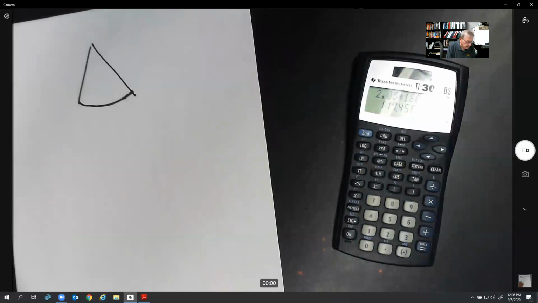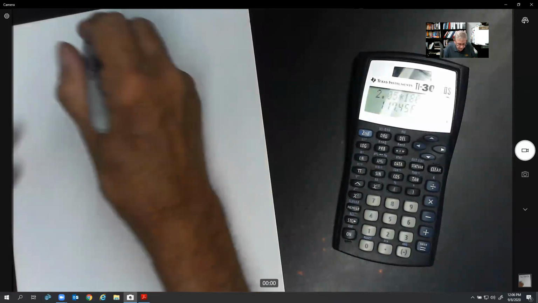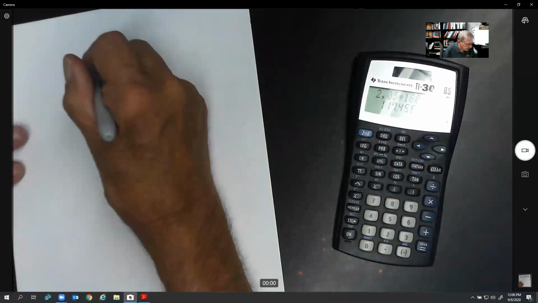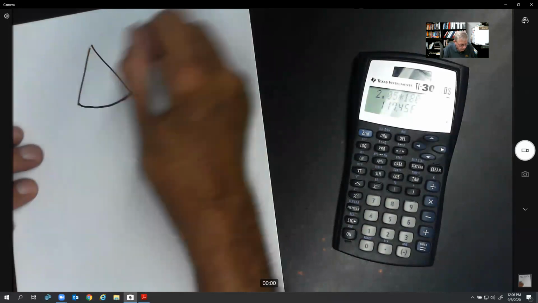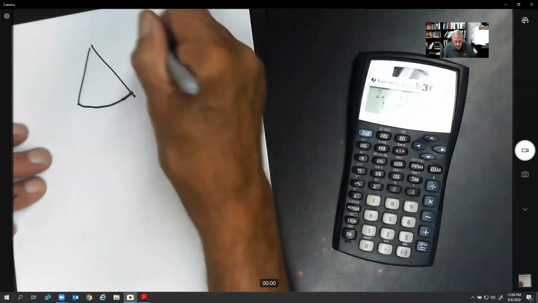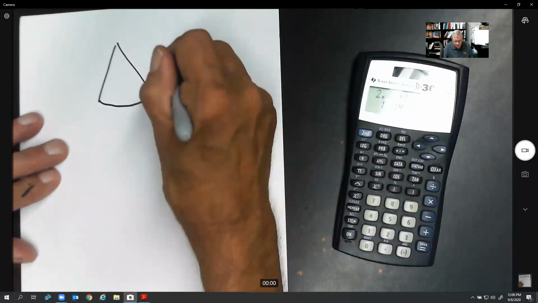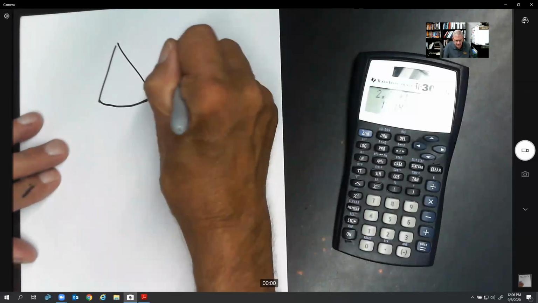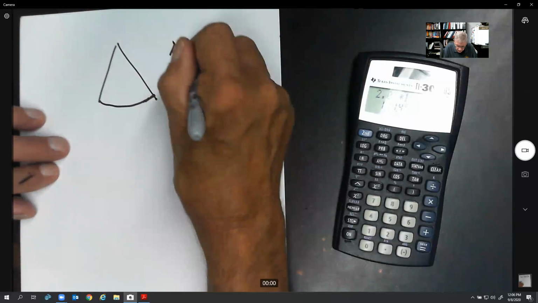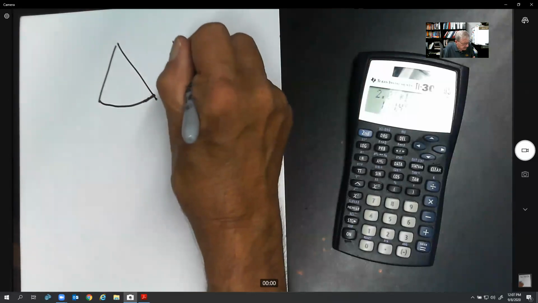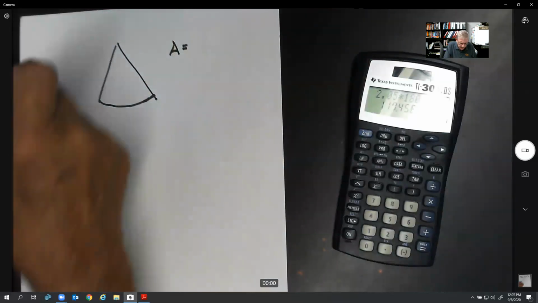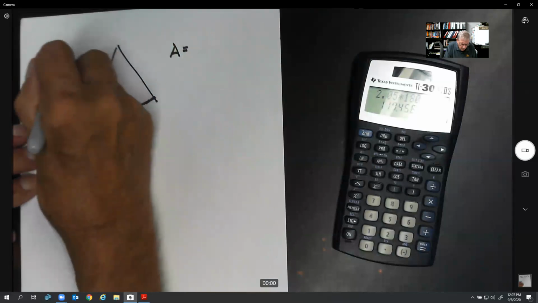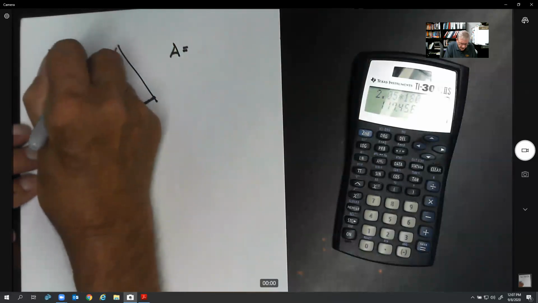So what is the formula, first of all? They use a fancy little gizmo for area. You can just put A equals. It's kind of like the area of a triangle. What is the area of a triangle? 1/2 the base times the height.